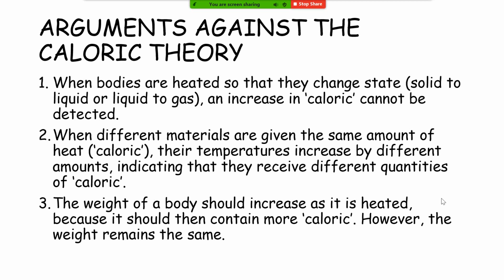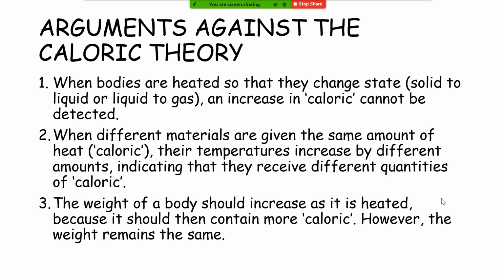The caloric theory would have been telling us that if the same amount of heat is applied, then both things, despite the nature of the materials, should have the same temperature. But that is not the case. You understand? That's not the case.